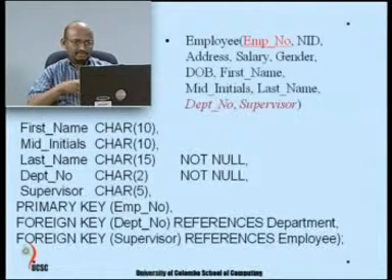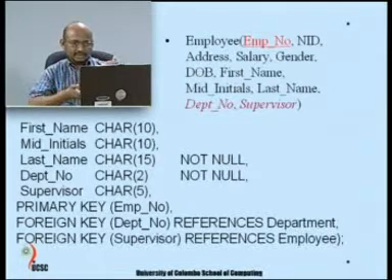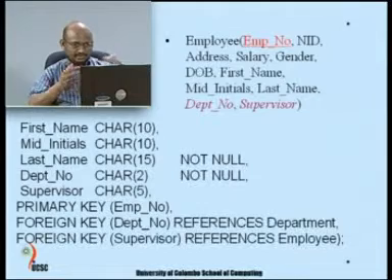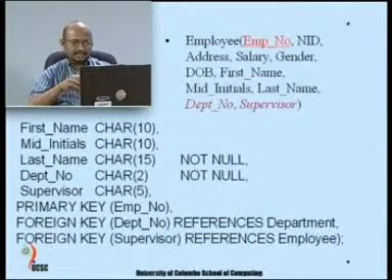Then we have the supervisor and a set of definitions for the constraints. So, the primary key and foreign keys are defined here separately. Primary key is applicable for the employee number.